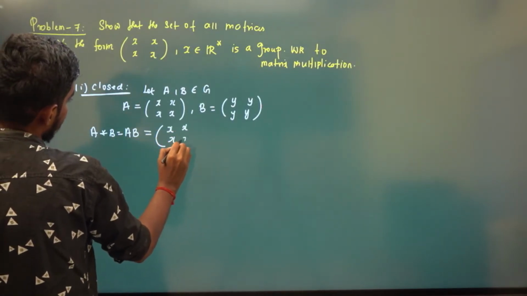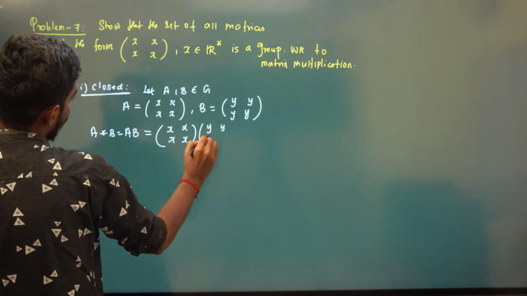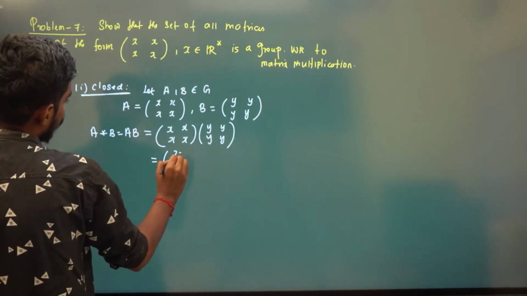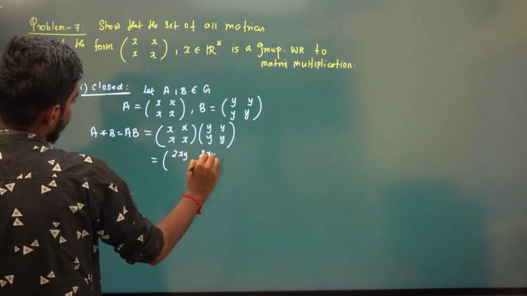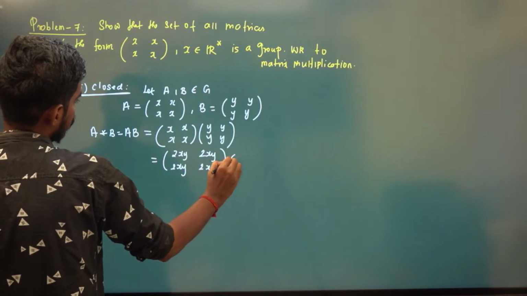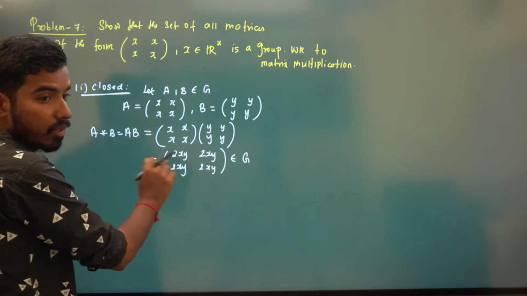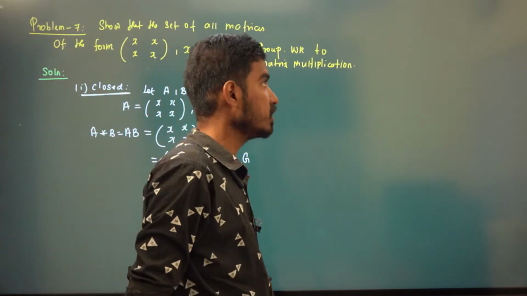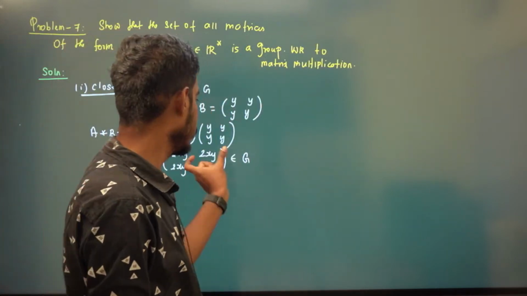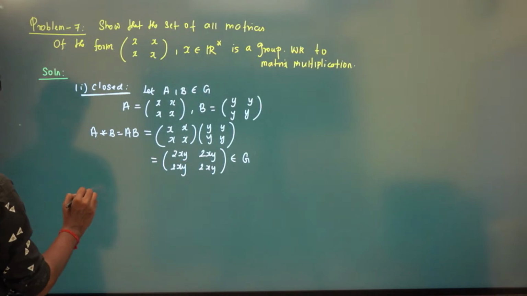It is [x, x; x, x] times [y, y; y, y]. This will be [2xy, 2xy; 2xy, 2xy], and you can see all entries are the same, so it will be in G. G consists of all those 2 by 2 matrices with all entries the same, so it is closed.